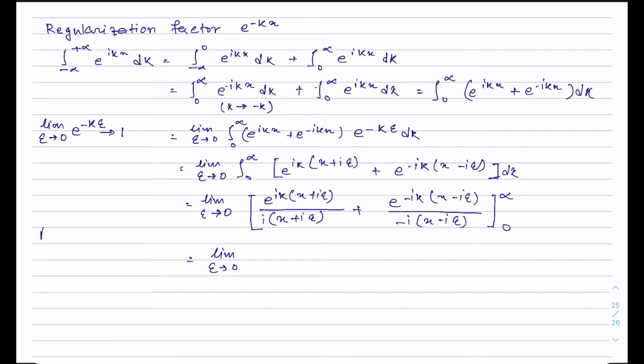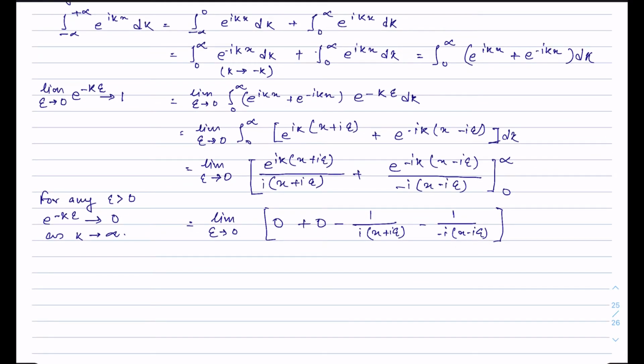So if you put k equals infinity in this expression, it will give you 0, and also for the second case. But for the lower limit, if you put k equals 0, you will have minus 1 over i(x plus i epsilon) minus 1 over minus i(x minus i epsilon).